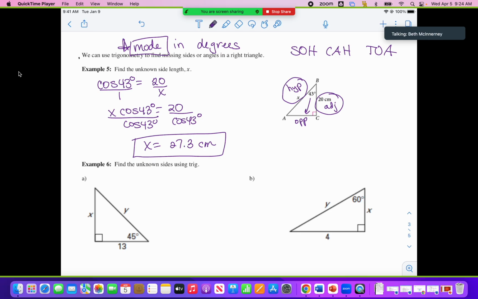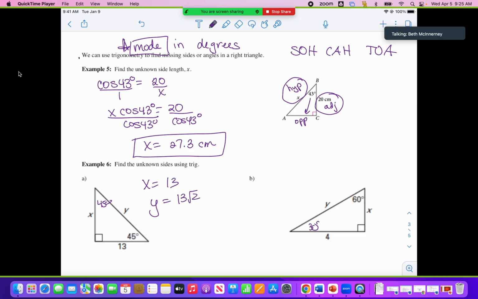do you notice that this is a 45-45 right triangle? I should not use a calculator. Anytime you see 45-45 and 30-60s, you should not touch calculators. So what is X? Just looking at this based on what we learned the day before. 13. And then what's Y? 13 radical 2.